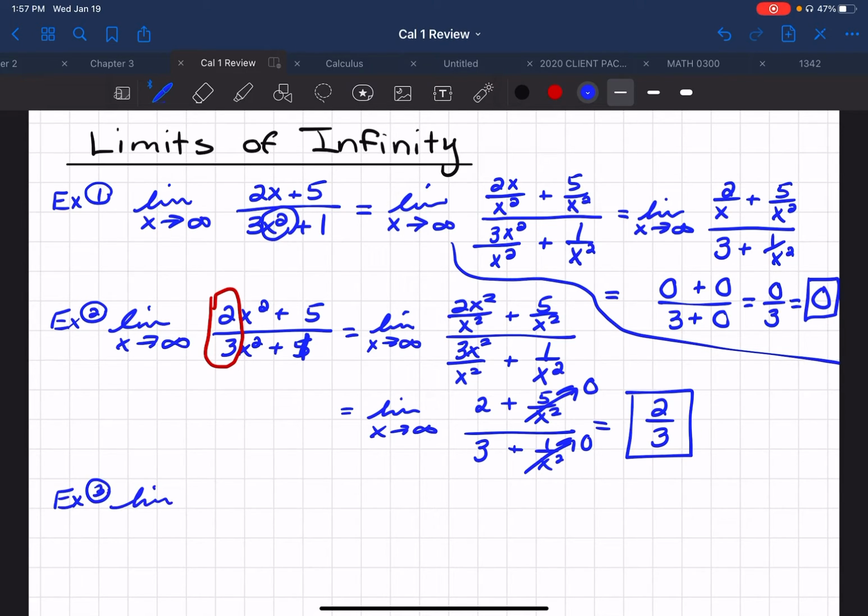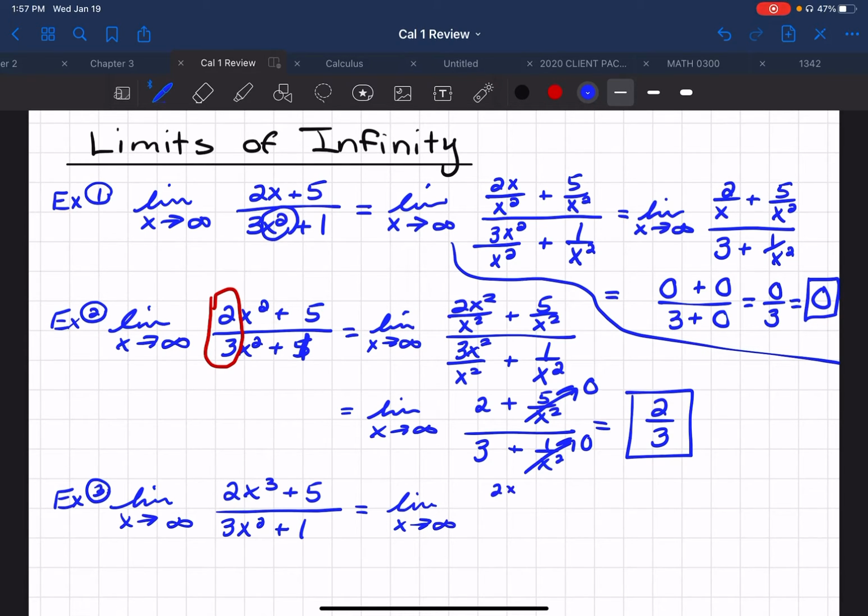Now the third case is if the degree on the top is bigger than the degree in the denominator. So let's say we have 2x cubed plus 5 over 3x squared plus 1. Same method, we're going to choose the largest exponent in the denominator.